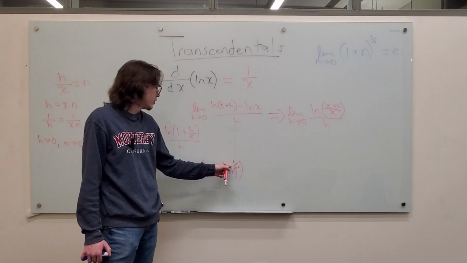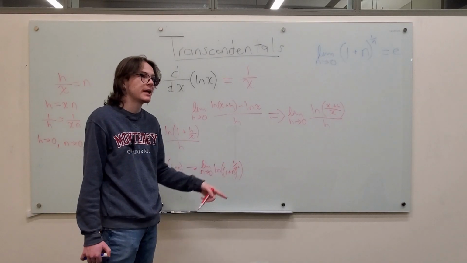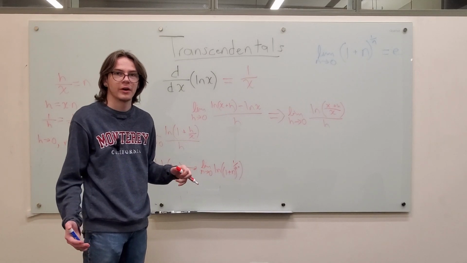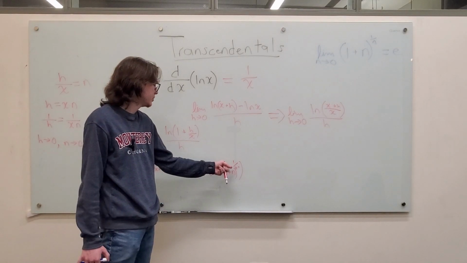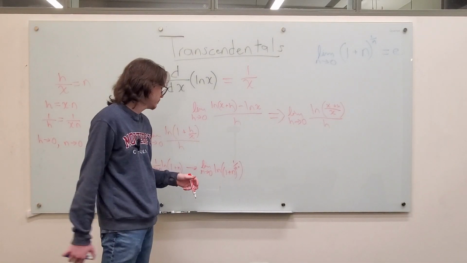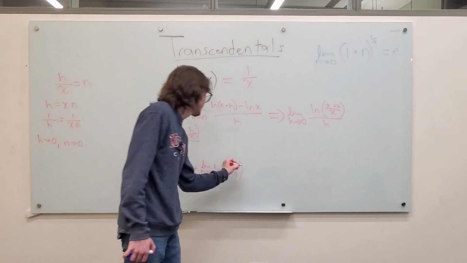We know that 1 over x times n is the same thing as 1 over x times 1 over n. And we know that our exponential properties allow us to, since they're being multiplied, it means it's an exponent being raised to an exponent. So we can pull this 1 over x out.